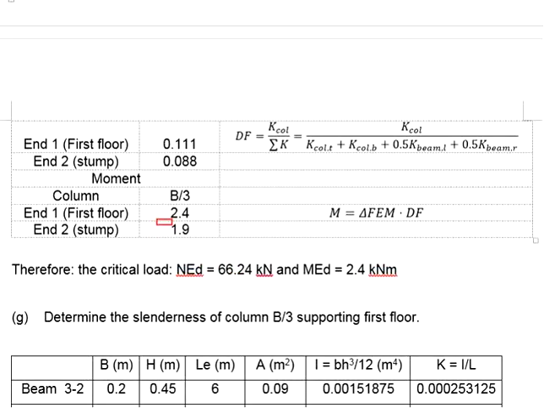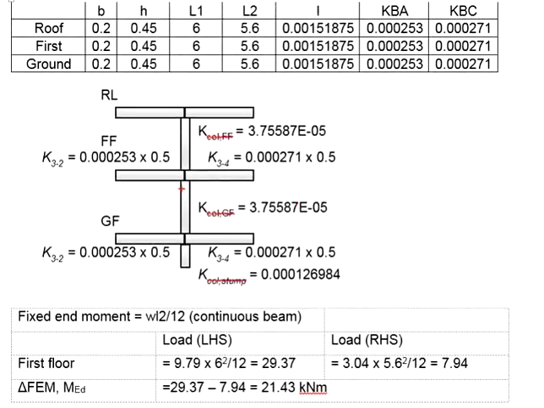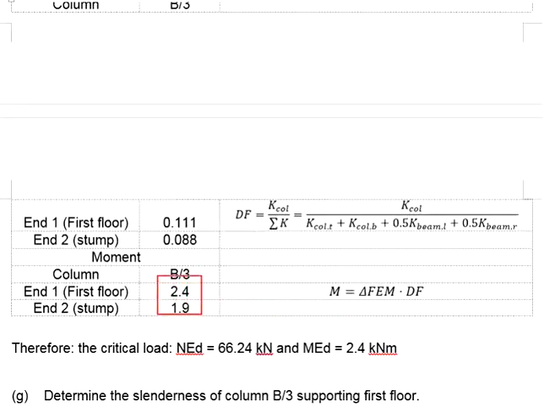You will get the moment 1.9 kNm. Now if you go back to the column here, this end of the column will take 2 point something and this end of the column will take 1 point something, as calculated here.